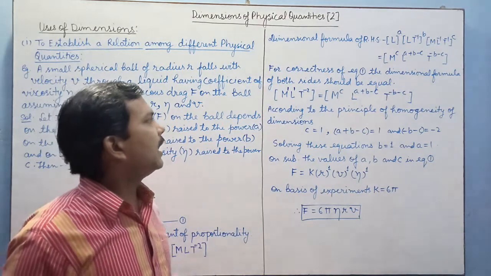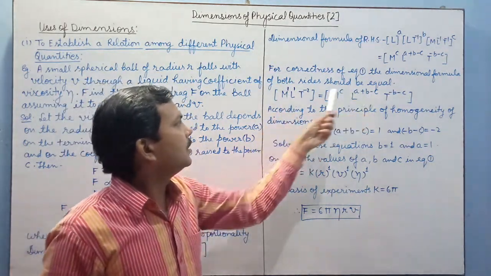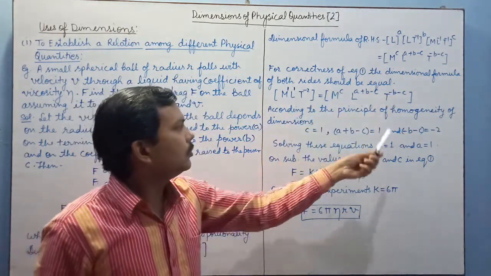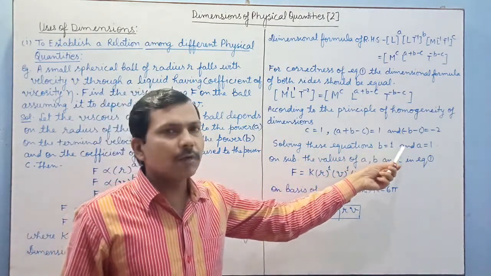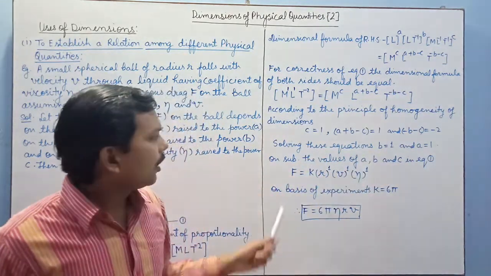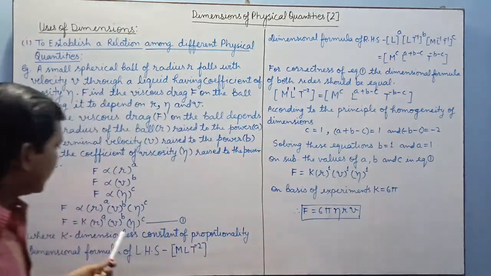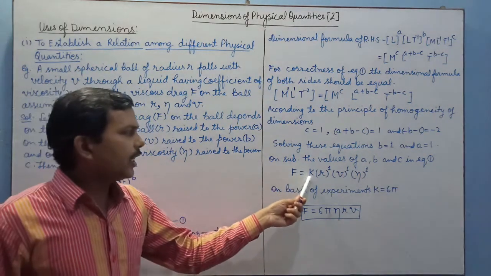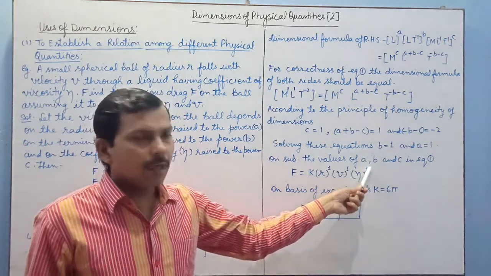So we have c is equal to 1, a plus b minus c is equal to 1, and minus b minus c is equal to minus 2. Solving these equations, we have b is equal to 1 and a is equal to 1. On substituting the values of a, b and c in equation number 1, we get F is equal to k r power 1 v power 1 eta power 1.